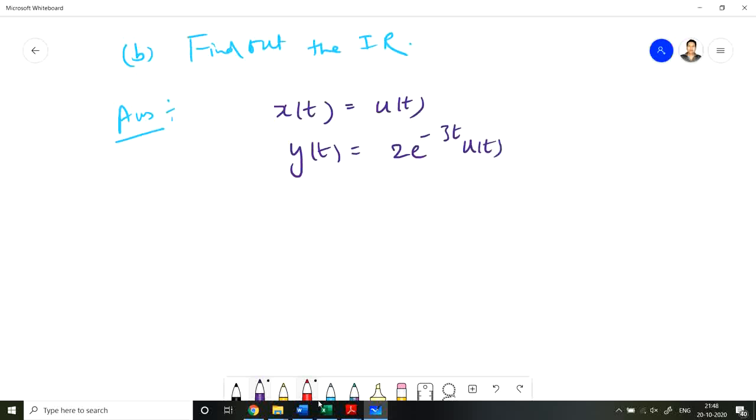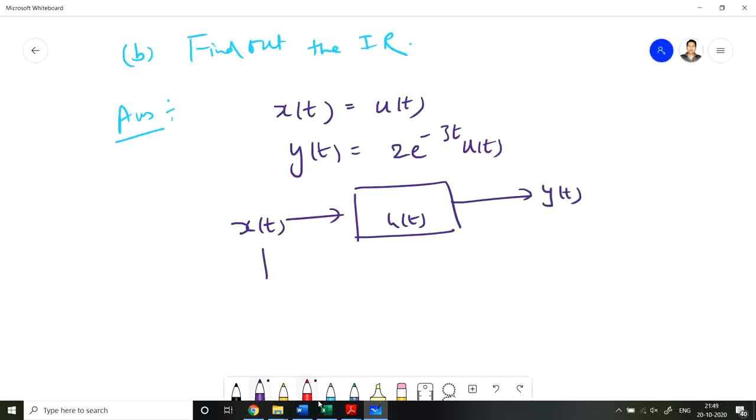So basically we have a system with input x(t), impulse response h(t), and output y(t). If we find out the Laplace transform of this, then it is X(s), H(s), and Y(s). So these are the Laplace transforms.